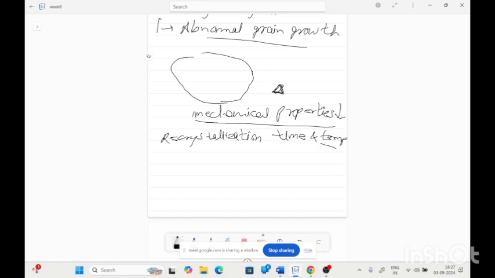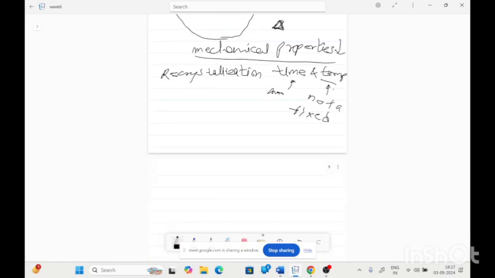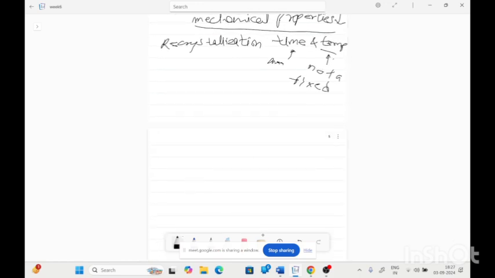And the recrystallization time can be fixed, but the temperature is not a fixed temperature. So we can say that both are not fixed variables. Means time and temperature can vary. If temperature is high, then the time required for the recrystallization will be low, and if time is high, then the temperature required for the recrystallization will be low.